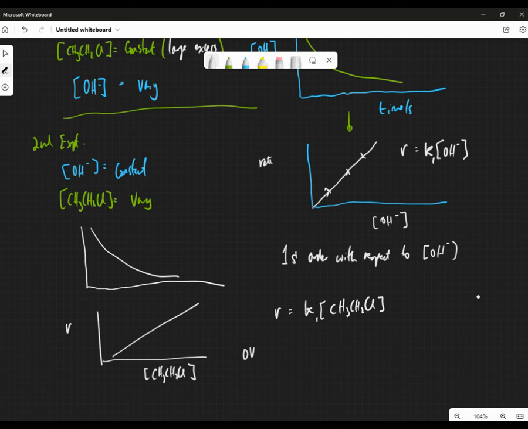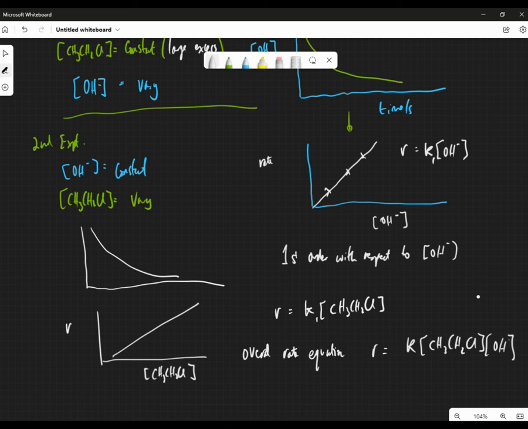Then we can combine these and get an overall rate equation. The overall rate equation is rate equals K times the concentration of the halogenoalkane times the concentration of hydroxide ions.